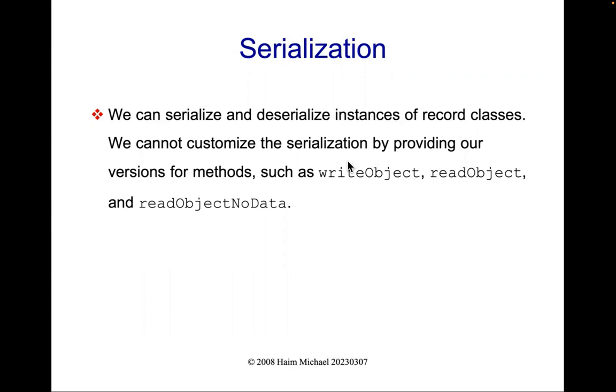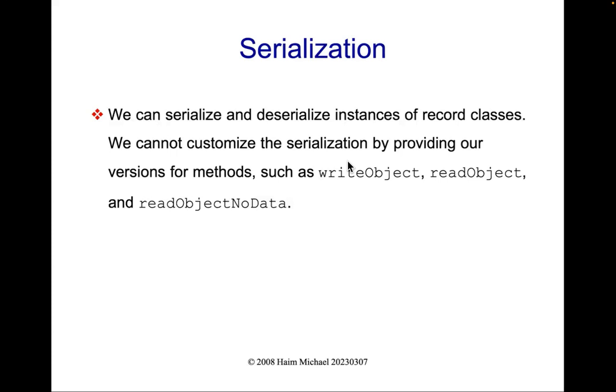This is the meaning of serialization. So it is possible to serialize record classes, objects that were created from a record class, but it is not possible to change the default behavior of the serialization mechanism when dealing with record classes.